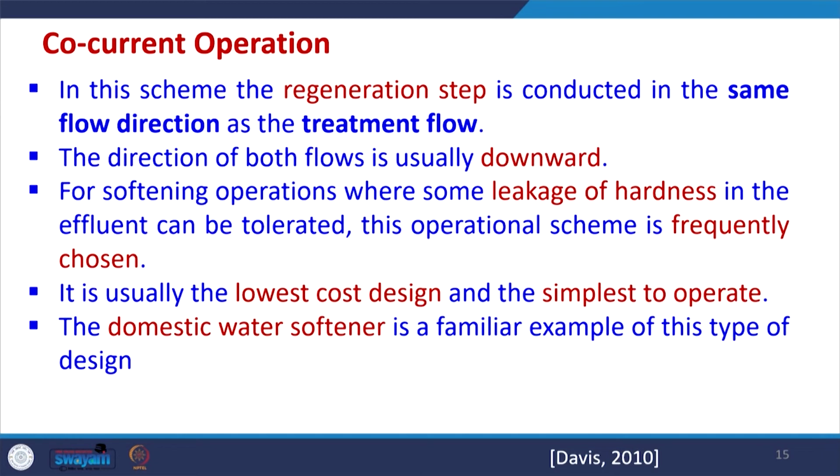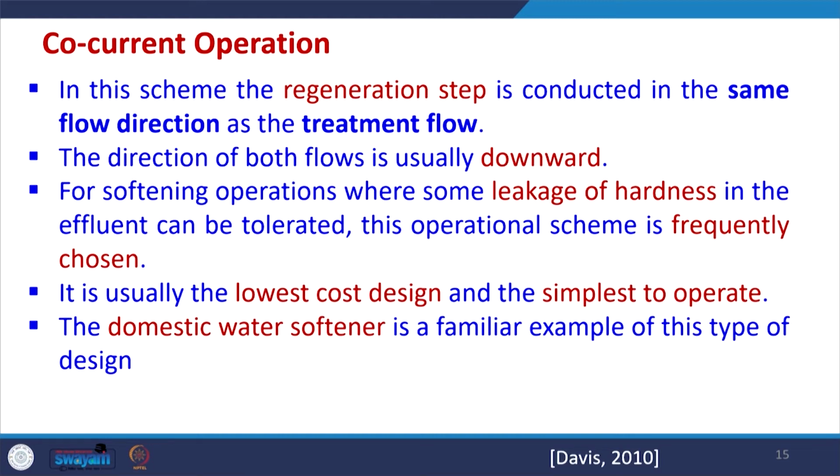Now, in this scheme we have 2-3 types of operation which are possible. One is called co-current operation, another is called counter current operation. In the co-current operation the regeneration step is conducted in the same flow direction as the treatment flow itself.